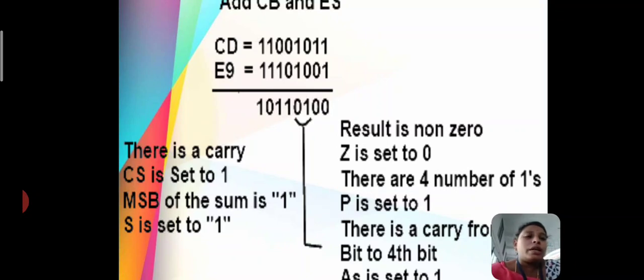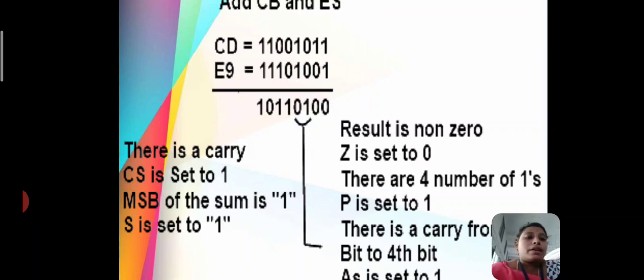Therefore, the parity flag is set to 1. If we get an odd number of ones, then the parity flag is reset. This is about the parity flag.